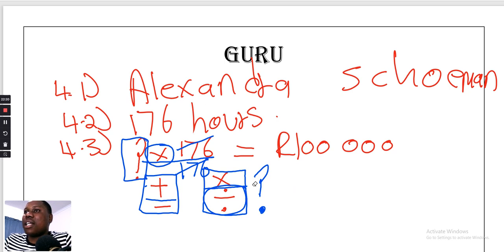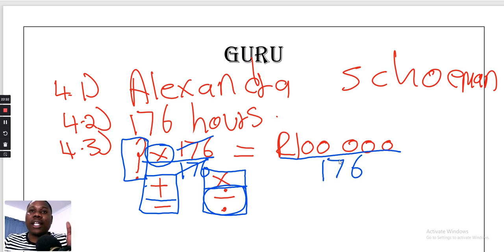Since on the right hand side you have divided by 176, we will also divide here by 176. What you do on the right, you must do on the left.